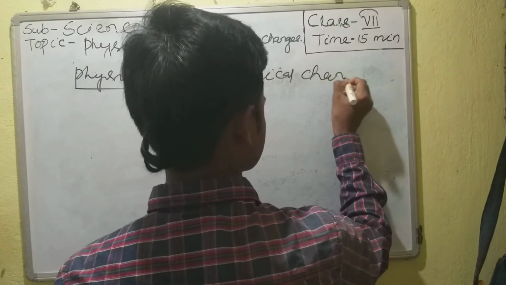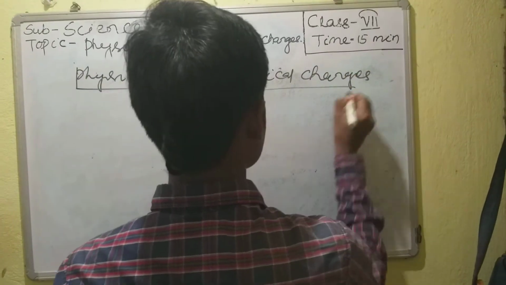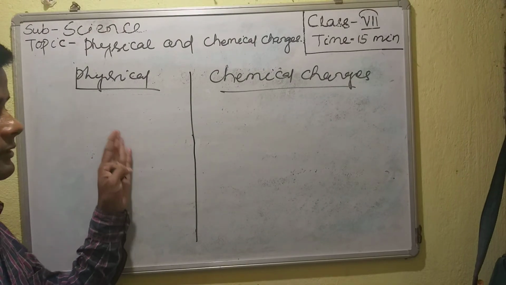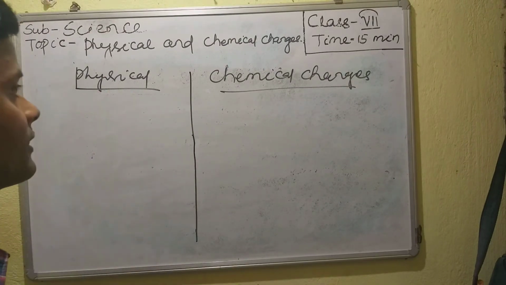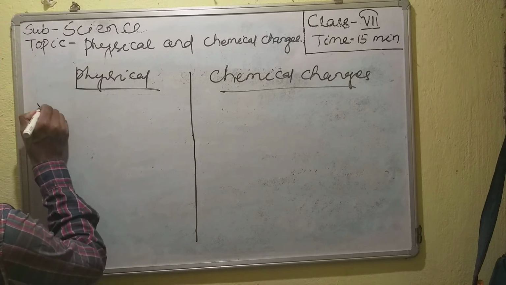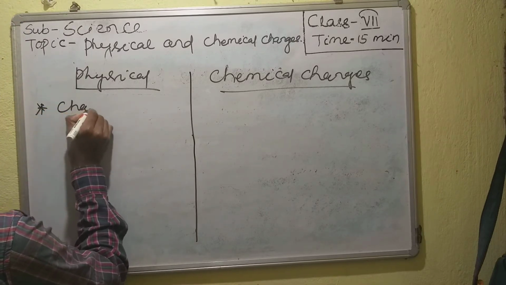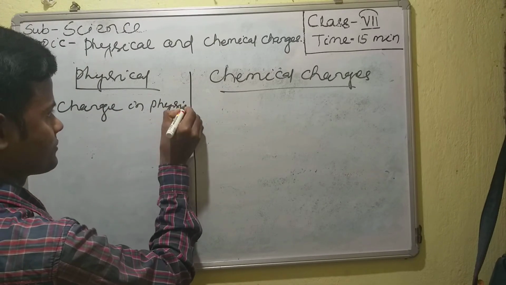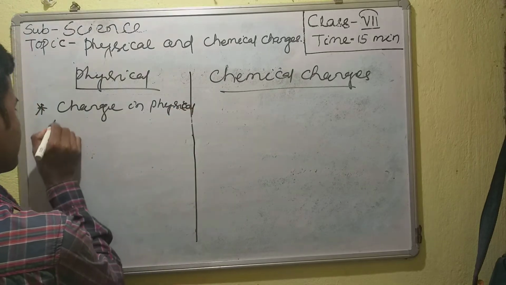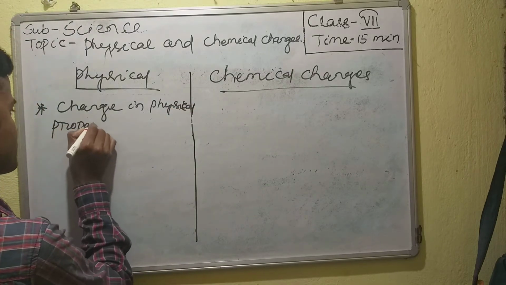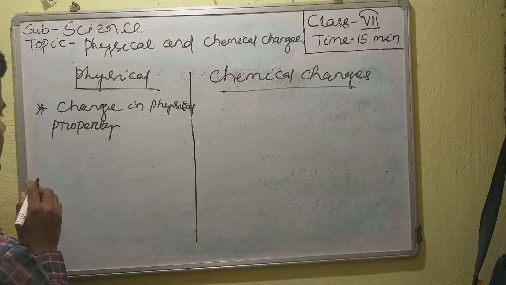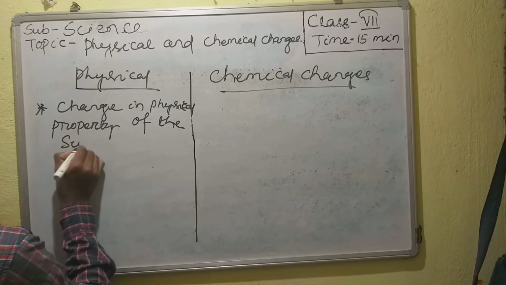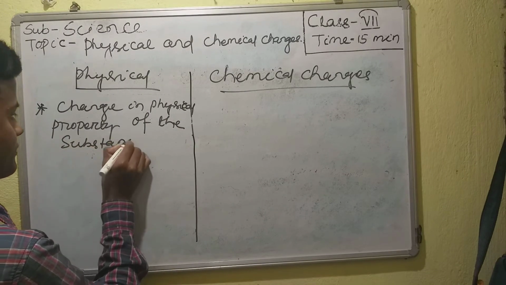Chemical changes. You have to write like this in examination. If there is a question about comparison, we have to write like this, right? Physical changes: change in physical property of the substance, right?